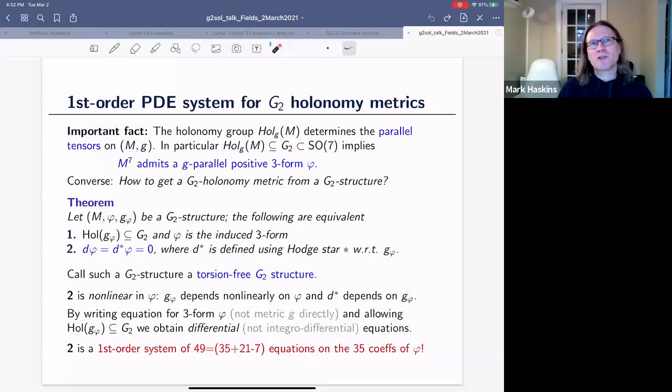So Joyce's original Kummer constructions, variants on that using QALE spaces, then the twisted connect sum construction that was suggested by Donaldson, first investigated by Kovalev, and then in some more detail by myself and collaborators.